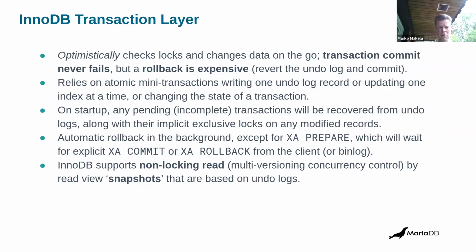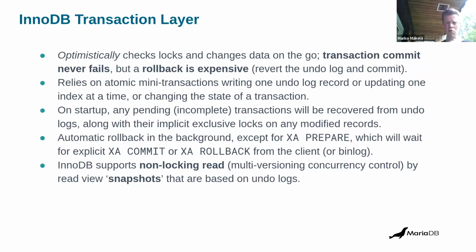On startup, after the mini transaction recovery has been executed, then the transaction layer will recover any incomplete transactions from the undo log pages. And it will also recover their locks on any modified records. Basically, implicit locking means that if an index page contains a transaction ID that belongs to an active transaction, then the record is locked to that transaction.